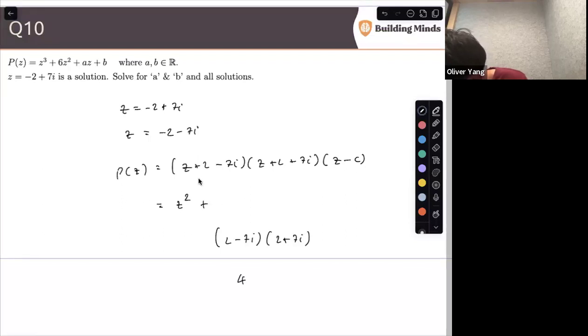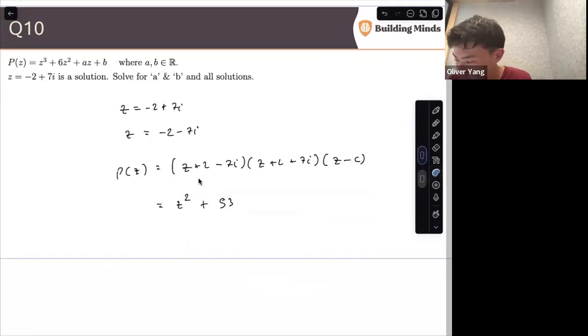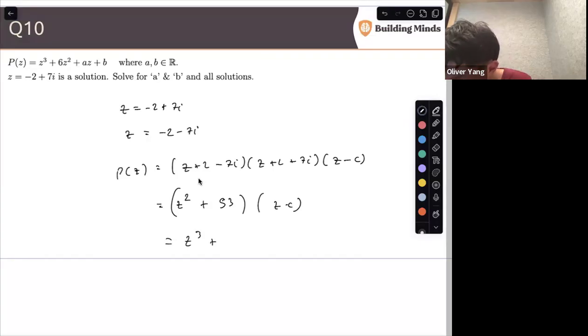It should be 4 plus 49, 53, I think. Yep, Z minus C. So you get Z cubed plus 53Z minus CZ squared minus 53C.